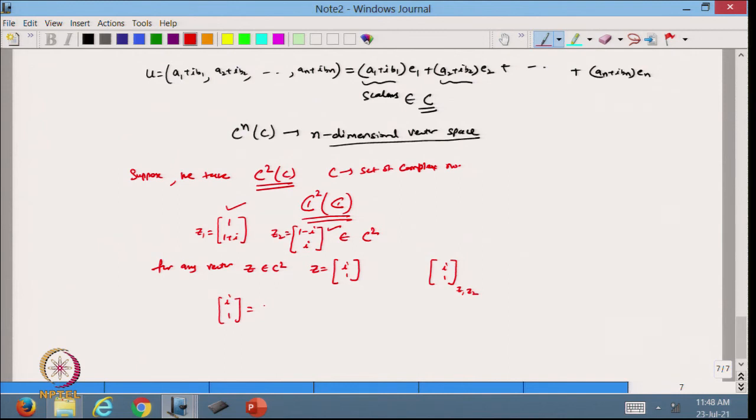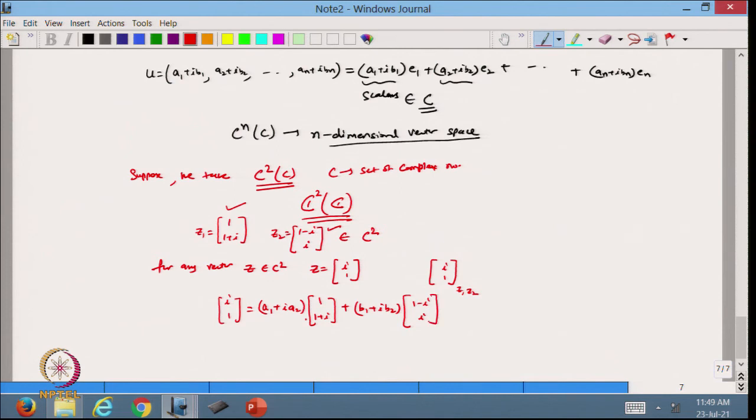So, what I am going to do is define a linear combination. In this case the scalars, if you see from here, are also complex numbers. So, I can write the first scalar as a1 plus i a2, taking the first vector (1, 1 plus i), then b1 plus i b2, and this I am taking with (1 minus i, i).